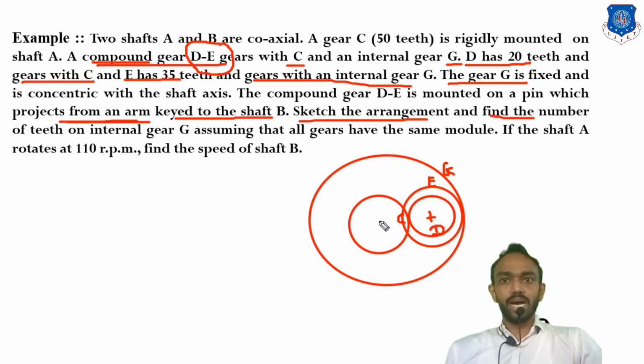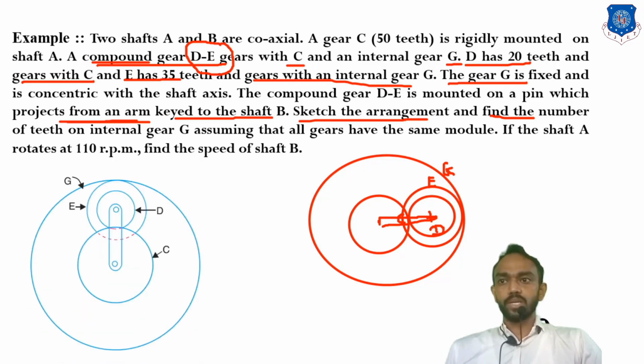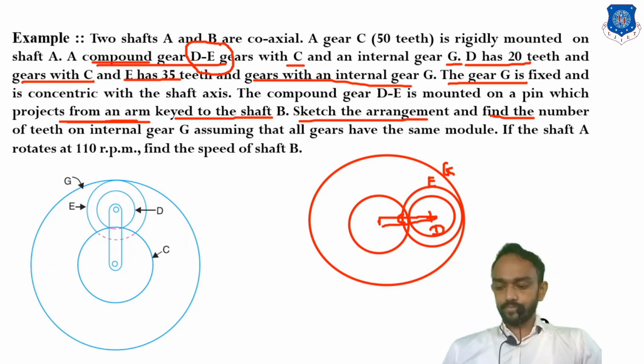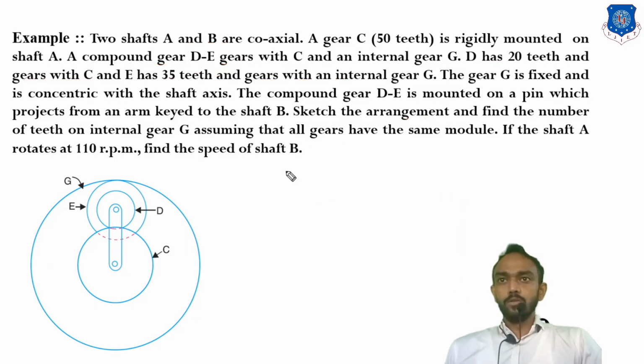So there will be an arm also. Here there will be an arm. So this type of arrangement is there. Check this and again read the data. So first of all, we also have to find which gear is connected to which shaft, and we want to find the RPM of the shaft. But all that is not related right now.